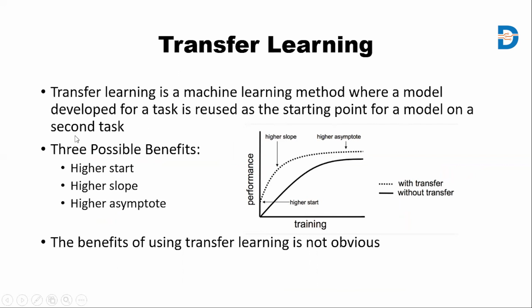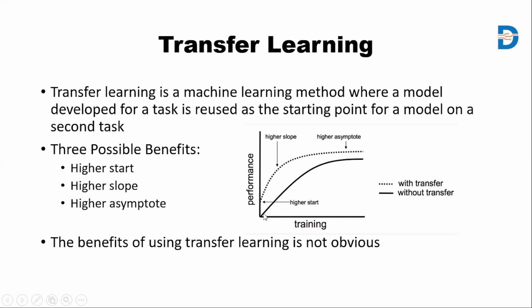There are three possible benefits of using transfer learning. The very first is a higher start. Obviously, we are training a machine learning model not from scratch, but taking some reference. You can see there are two graphs. The dotted line represents the performance with a transfer model, and the solid line gives the performance without transfer.